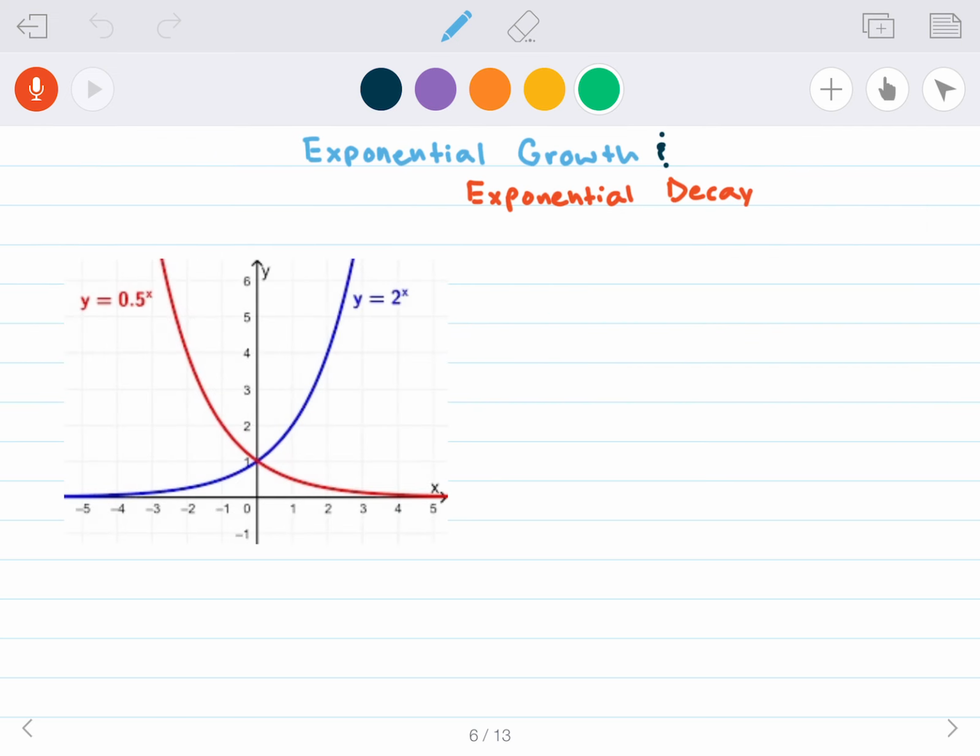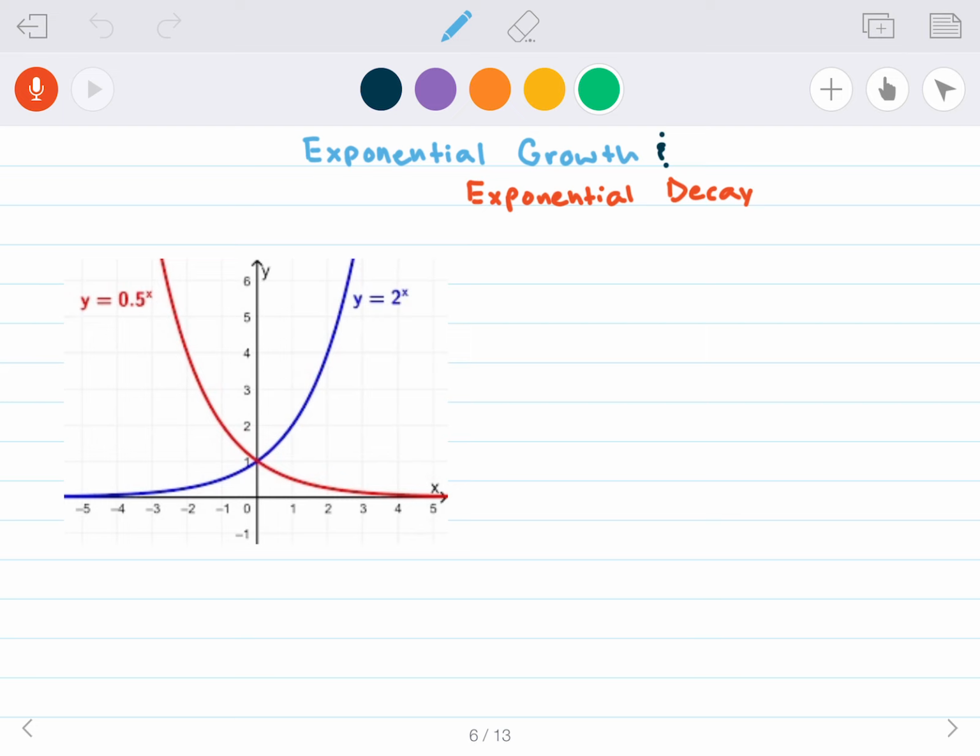As I mentioned before, when something is increasing exponentially, we call it exponential growth. And when something's decreasing exponentially, we call it exponential decay. So in this picture, the blue curve is exponential growth, and we're going to talk more about the graphing aspect of exponential functions in later videos.